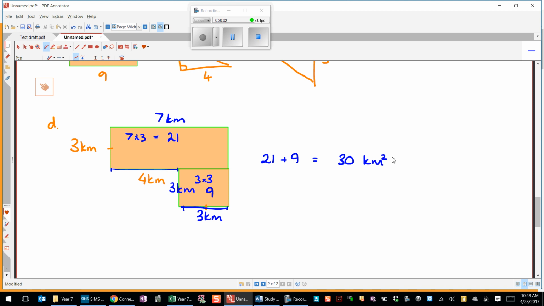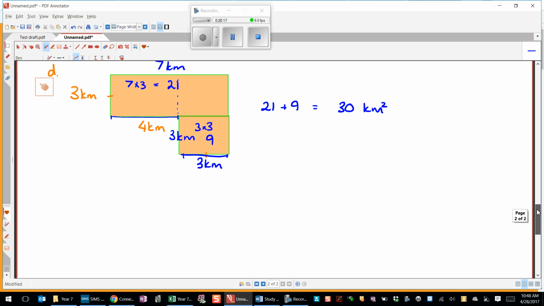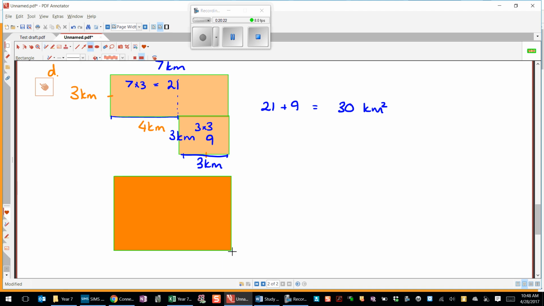Now, that's not the only way to do it, is it? I could have broken it in a different way. I could have split it like that if I'd wanted. Is there any way of doing a subtraction one here as well? If I just do one big rectangle and then subtract this bit, I get the same shape, don't I?